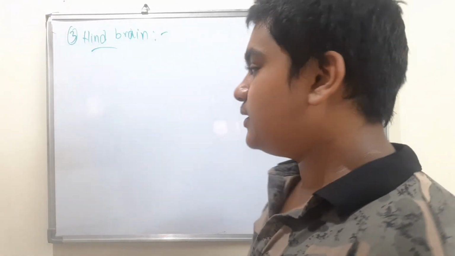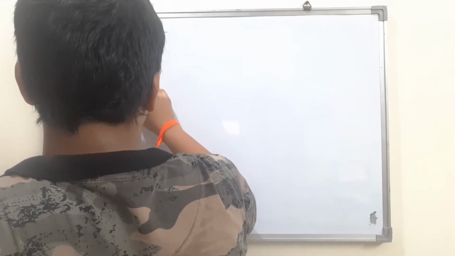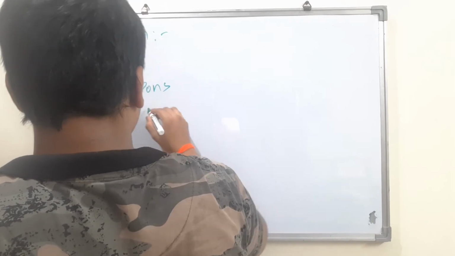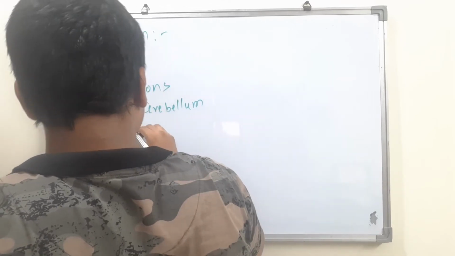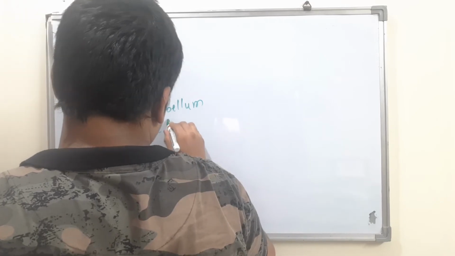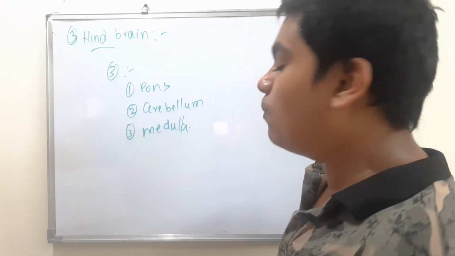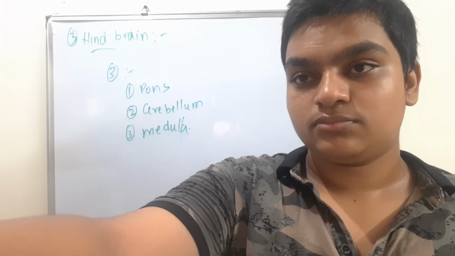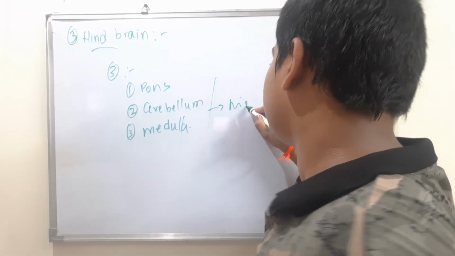It is generally divided into 3 parts. 1, pons varoli, or pons as we call it. 2, cerebellum, not cerebrum but cerebellum, and last one is your medulla oblongata. So these are the 3 parts of the hindbrain.